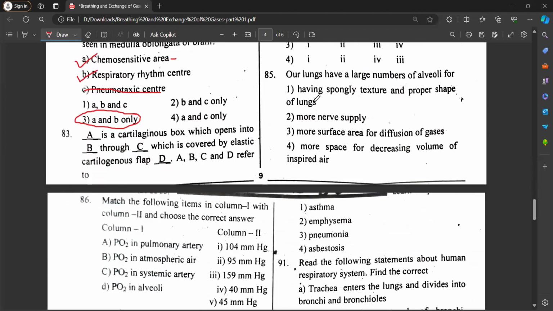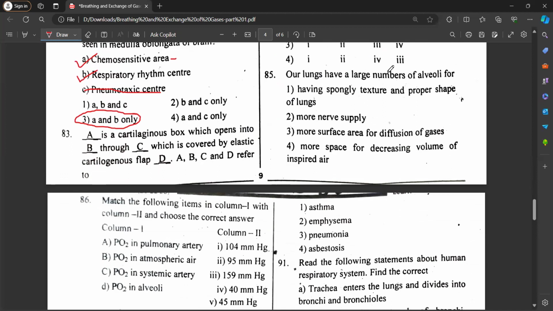Next. Our lungs have a large number of alveoli, around 250 million to 350 million alveoli in each lung, right?